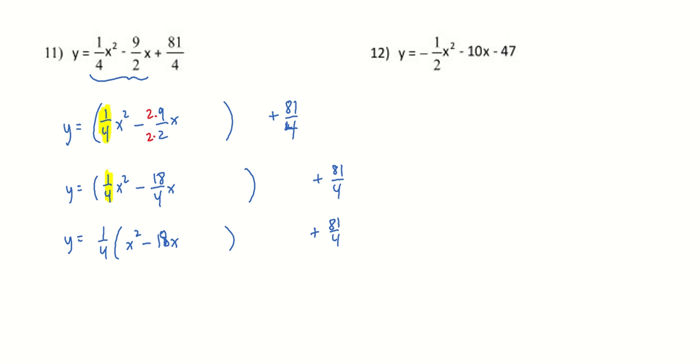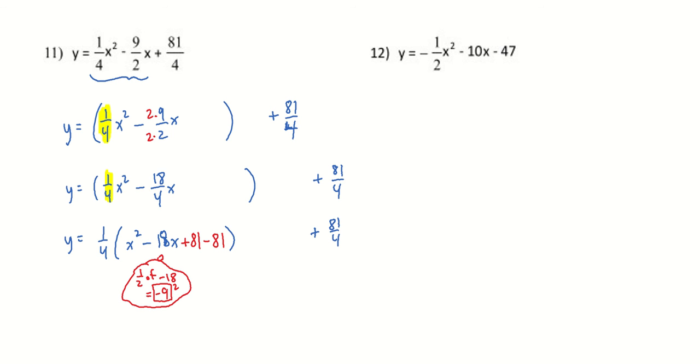Now, to complete the square, we take half of negative 18, which is negative 9, and then that number gets squared. So positive 81, and then minus 81 because we have to atone for it.